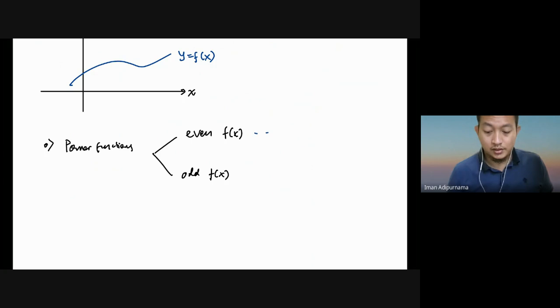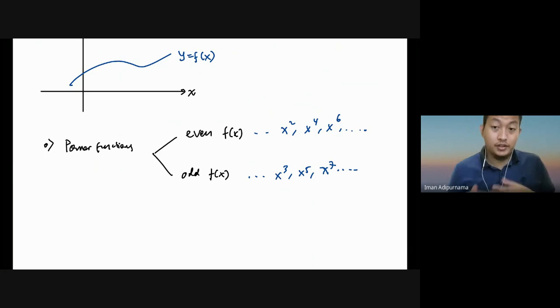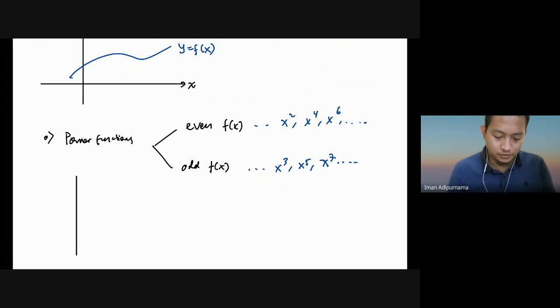Usually the even ones are x squared, x to the 4th, etc., and odd functions start from x cubed, x to the 5th, x to the 7th, etc. And you already know at least how the graphs look like. The difference is that when the power is increasing, the graph flattens. So let me give you an overview for this one.